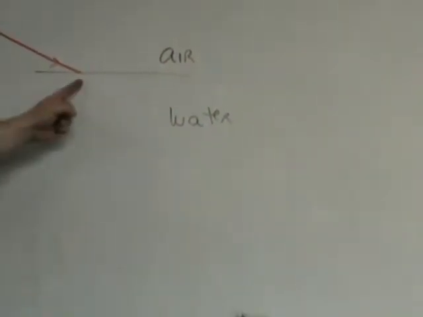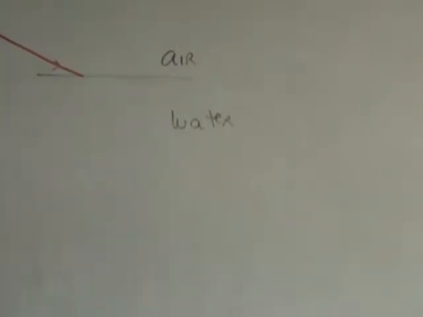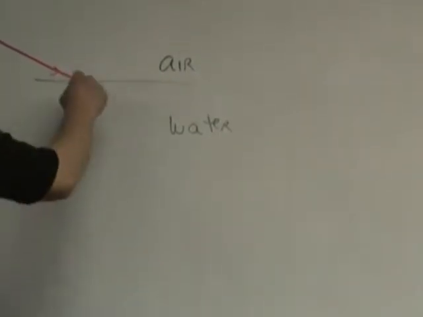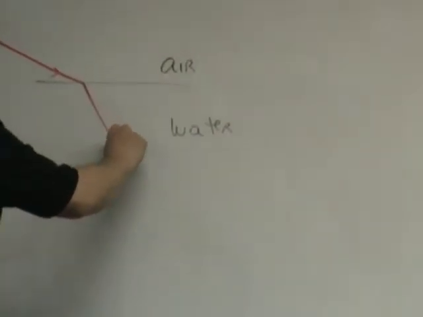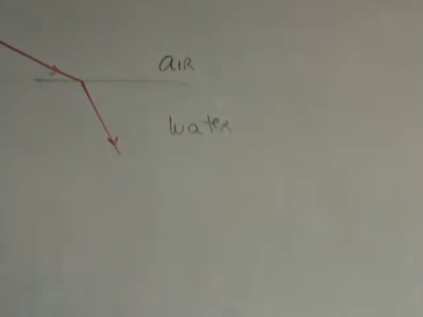Then the laser hit the water, and tell me, how did the ray bend? Did it bend that way or that way? The second way. It bent like that. That's what the light did, that's what actually happened.